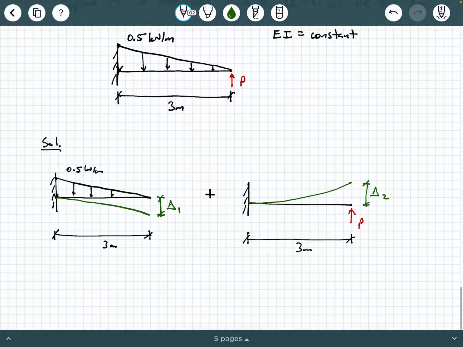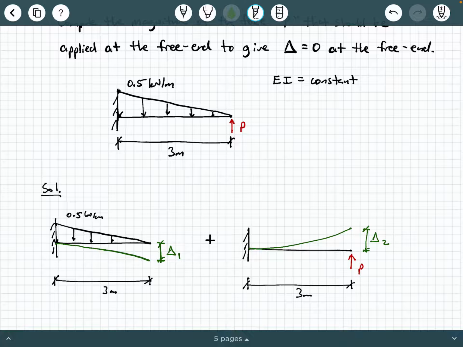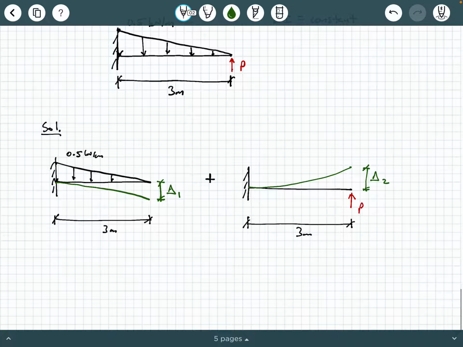Well, you were told in the problem statement that we want delta total to be 0. So by superposition, delta total is equal to negative delta 1 plus delta 2. But again, delta total is going to be 0. So what we're really saying is 0 equals negative delta 1 plus delta 2, okay?